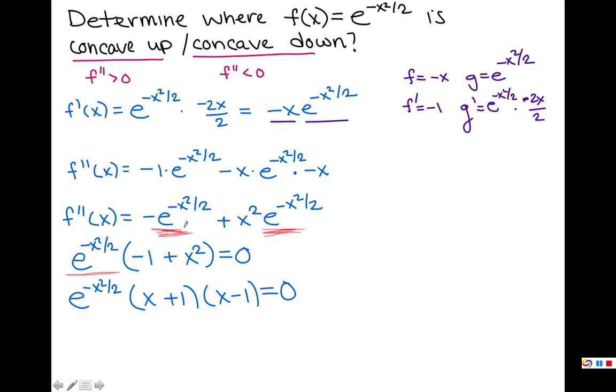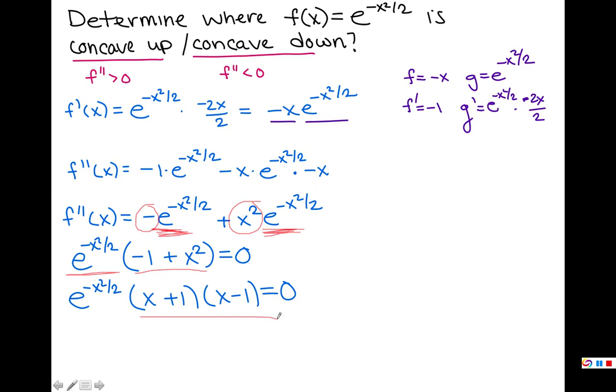In the first term, we're just left with the negative 1, and in the second term, we're left with the plus x squared. That's how I got this next line. I pulled the e to the negative x squared over 2 out front, and I'm left with a negative 1 plus x squared. That's the same thing as x squared minus 1, and so I factored that as a difference of perfect squares, x plus 1, x minus 1.